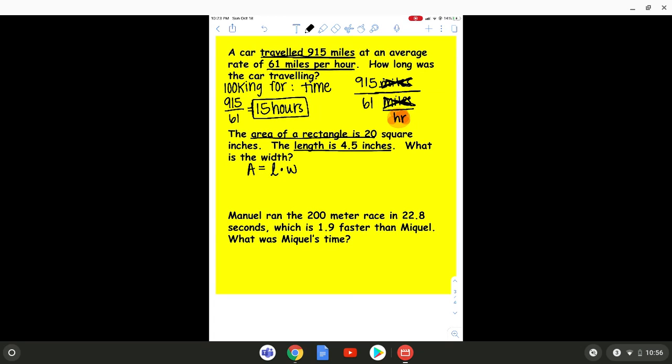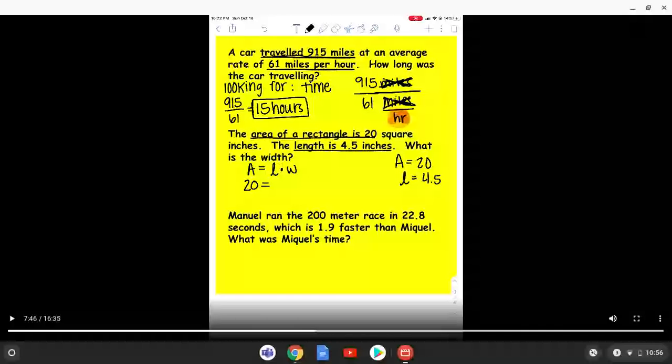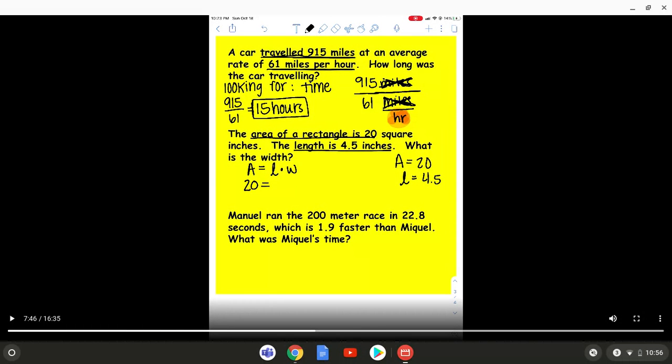So sometimes you will luck into problems that have equations that are already set up with them, which is why I want to rework that top one for you, because when I worked it out, I did not do that. So here on the area question, I have an area already, and it's equal to 20, and I already have a length as well, which is equal to 4.5.